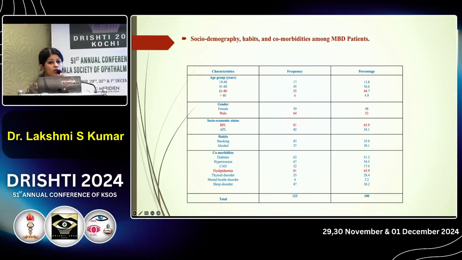Smoking and alcohol have a definite association with meibomian gland dysfunction, and the comorbidities included diabetes, hypertension, coronary artery disease, dyslipidemia, thyroid disorder, mental health disorder, and sleep disorder, out of which dyslipidemia is more prominent.